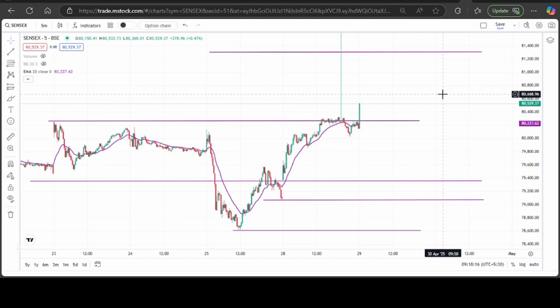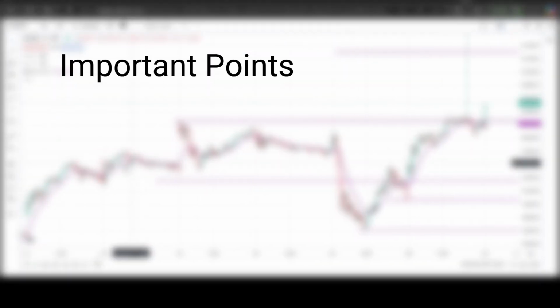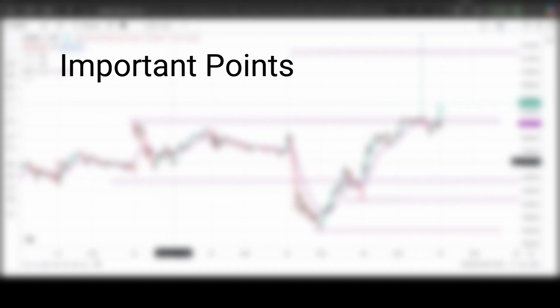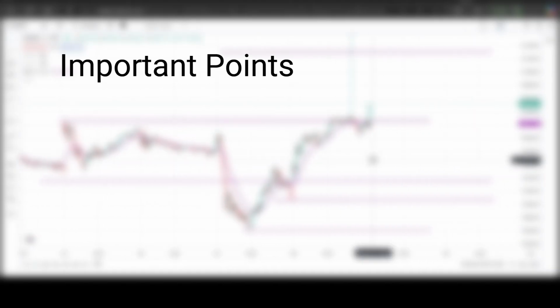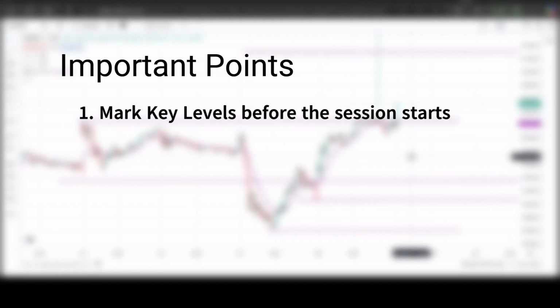So our trading date for the Sensex expiry of 29th April 2025 has started. There are a few important points when we trade the expiry days. The first one is marking your key levels.